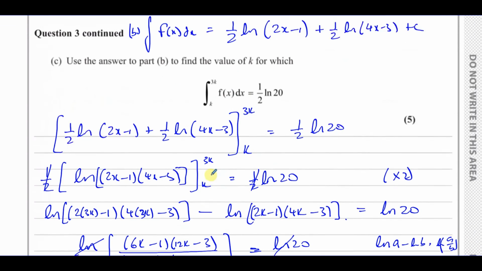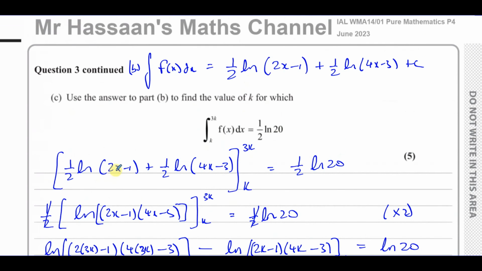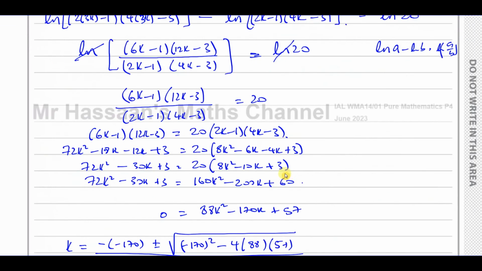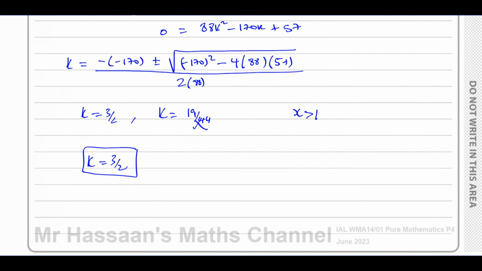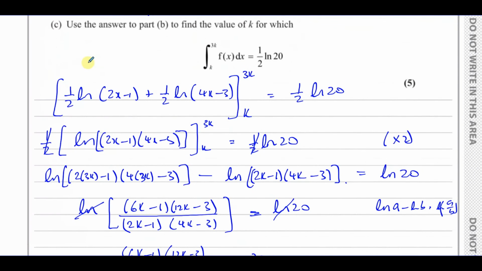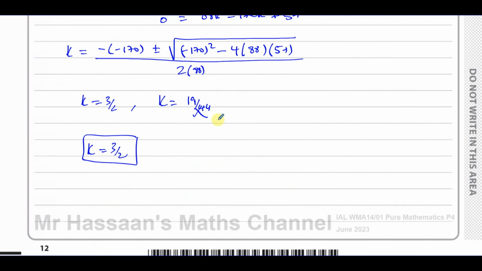So if I put the value of k in here, the reason is not this. You would say k is a value that causes this function to become undefined. If I use k as the value we got here, 19 over 44, that's less than 1/2.